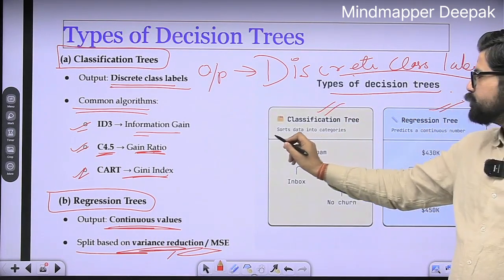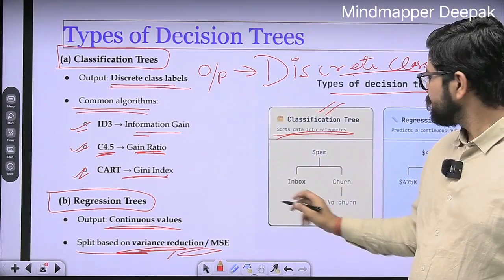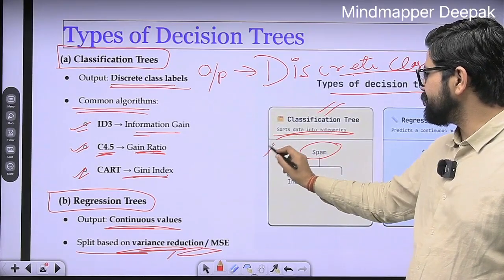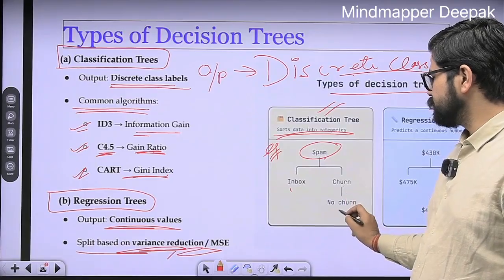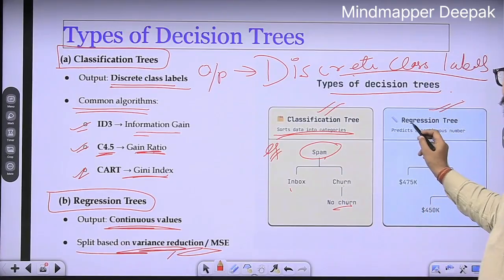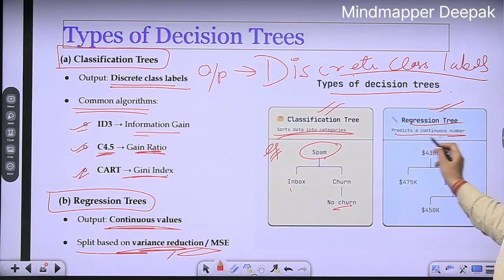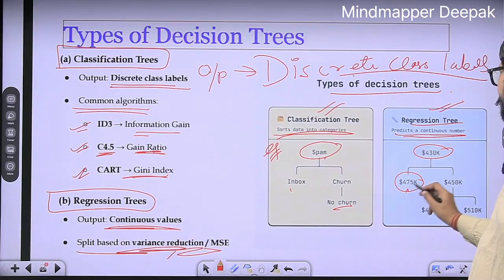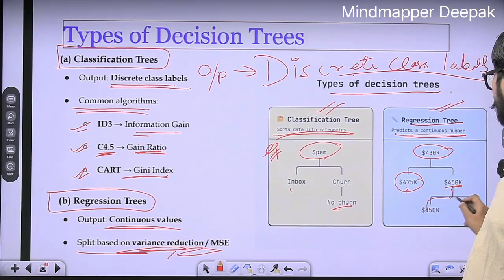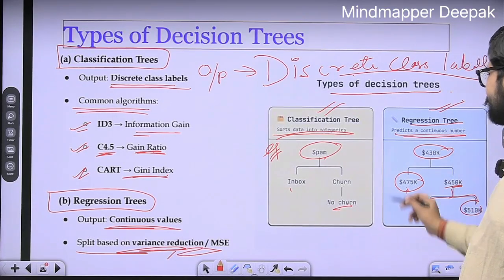So you sort the data into categories, just like an example we have taken, spam mails, inbox, churn, no churn. Similarly, regression tree predicts a continuous number. For example, $430K. So it will be greater than 475, then 450, or 551. So continuous numbers will be there.